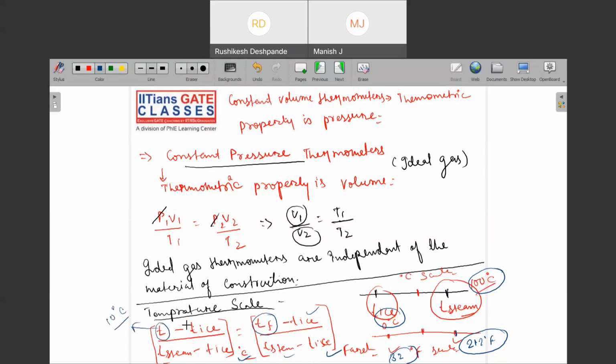Then they will ask you how much the same 10 degrees Celsius is in Fahrenheit scale. So using this relation, we can always find a relation between these two. Okay. So this is all about the Zeroth law of thermodynamics.